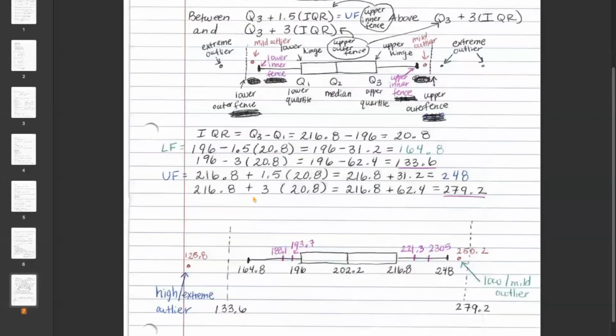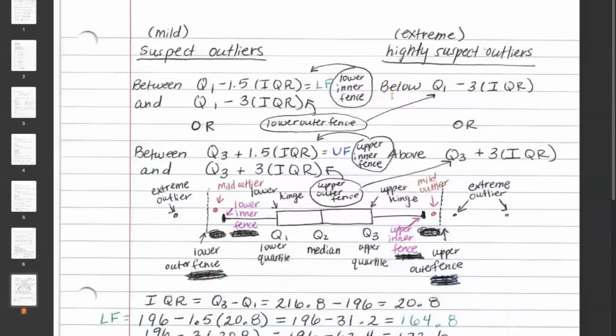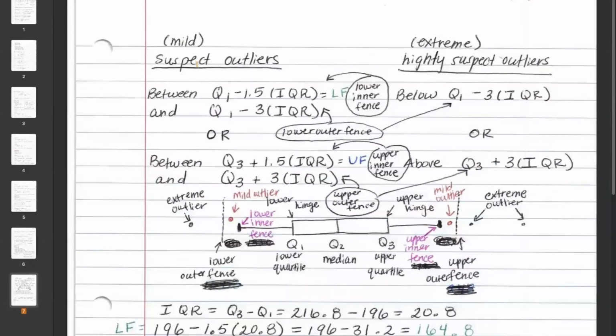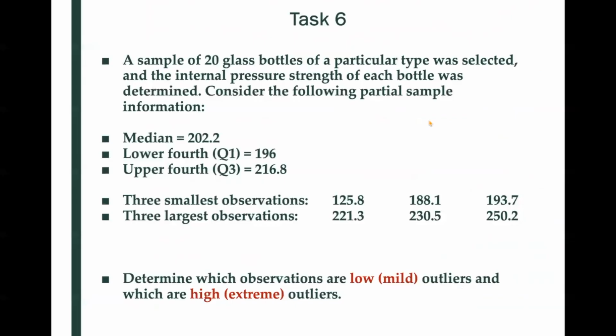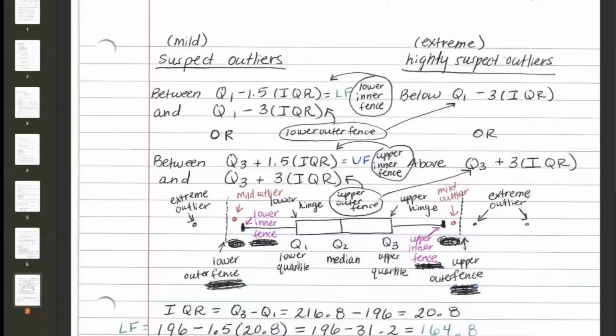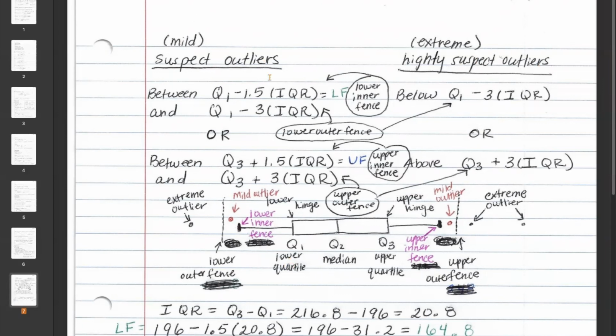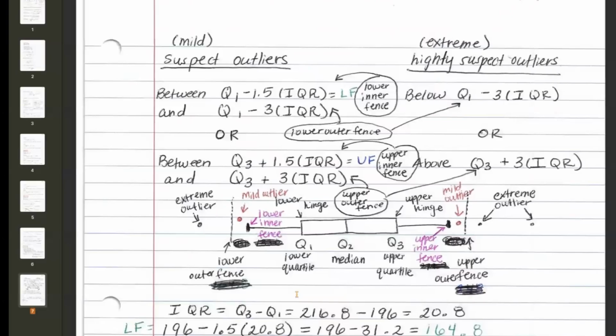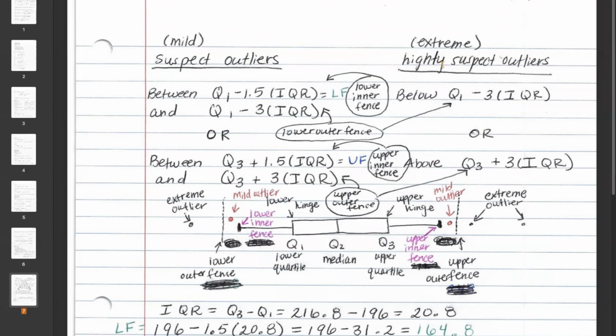So I know this looks a little overwhelming, but I'm going to try to break it down. There's ways to detect whether we have mild outliers or suspect outliers, or if we have highly suspect outliers or extreme outliers. So here, low mild outliers, I think of like lowly suspect outliers, and here high outliers, I think of like highly suspect outliers.